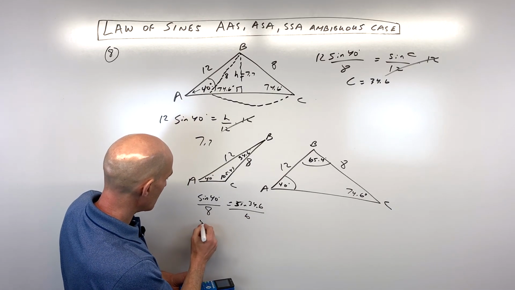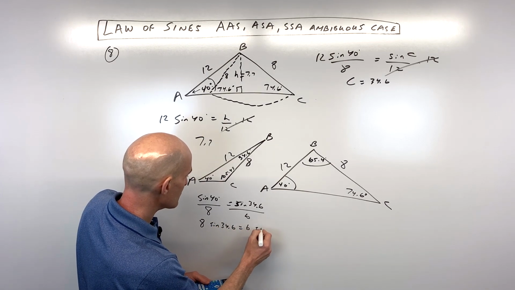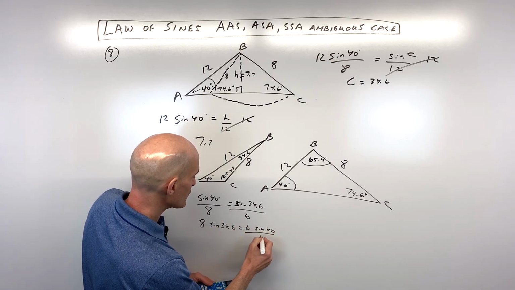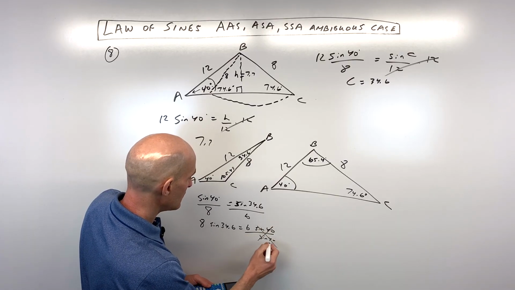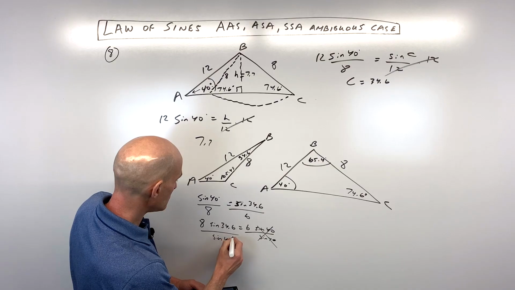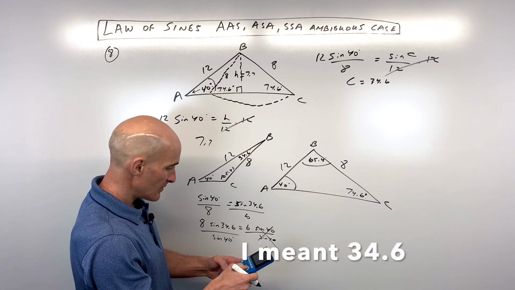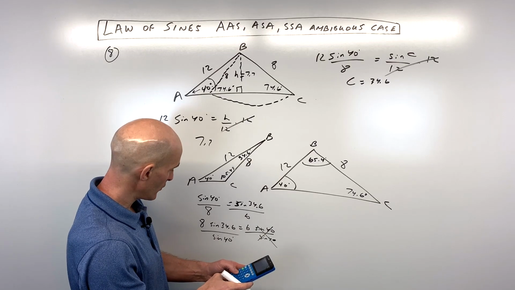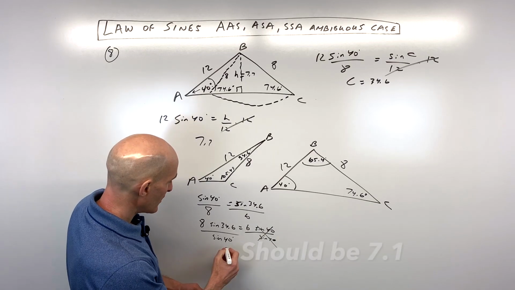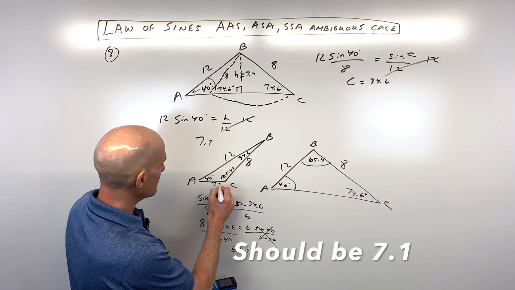So we've got 8 sine 34.6 equals B times the sine of 40. Divide both sides by sine of 40 so that we can get B by itself, right? Okay, so 8 sine of 34.6 divided by sine of 40 gives us 7.3. Okay, so we've got 7.3.